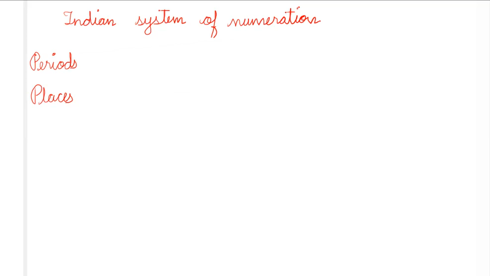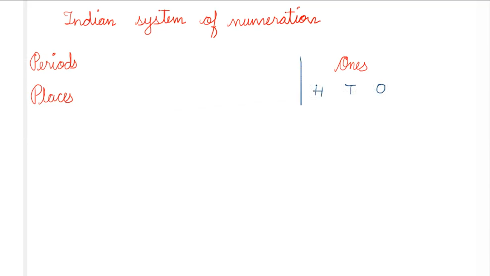talking about the Indian system of numeration, we are going to see what are the different periods and what are the different place values under the Indian system of numeration. So the very first period which we have is the ones period. So under the ones period, the place values we'll be having are ones, tens and hundreds.